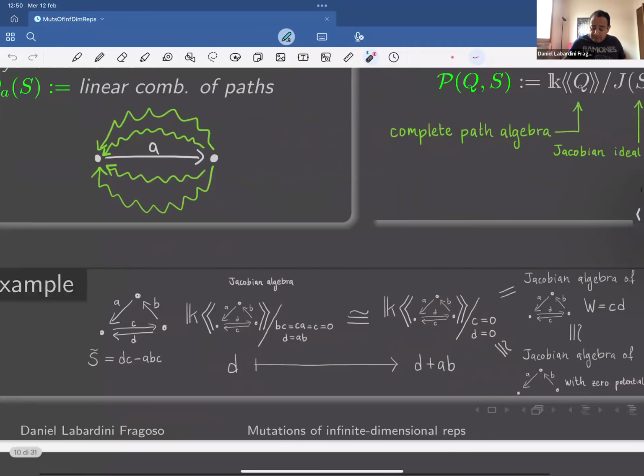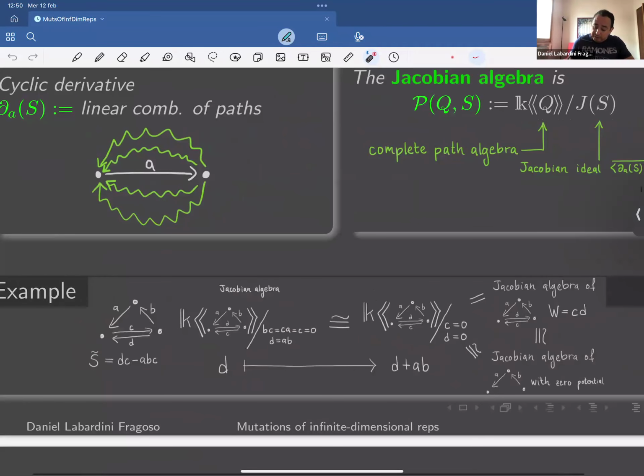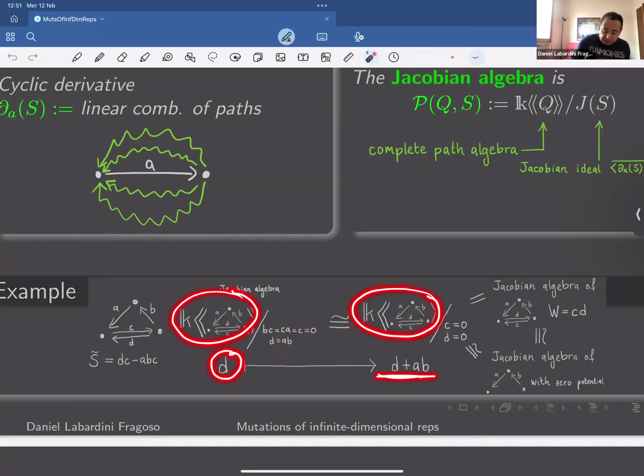The formal way to do it is provided by Derksen-Weyman and Zelevinsky's splitting theorem. In order to be able to delete D and not only C from the quiver, one applies a certain automorphism of this complete path algebra, sending D to, and here the rule is very explicit, D minus whatever appears with C here, so it's plus AB.